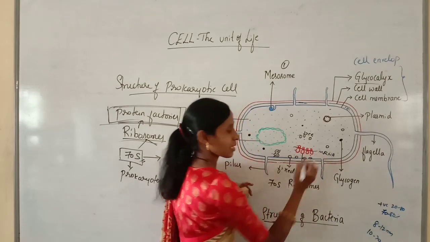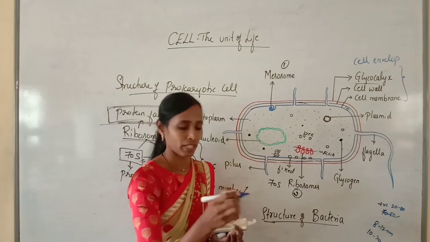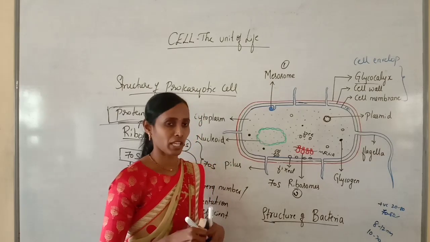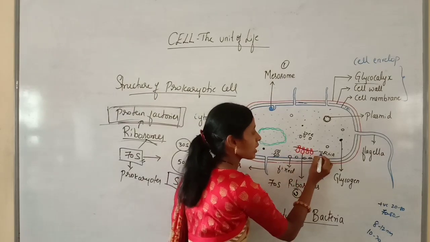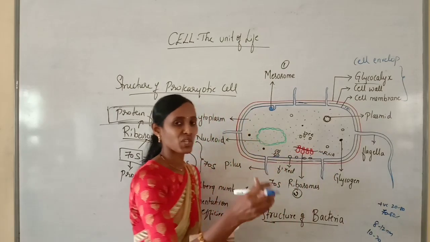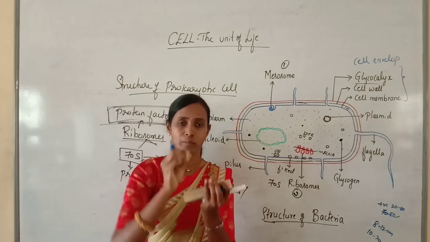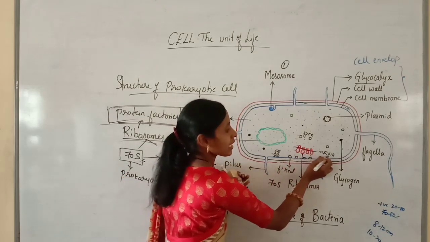So this is called mRNA. The different types of RNA, everything you will study in the biomolecules chapter or in your second PUC. You just remember now, this is a single mRNA on which the smaller and larger subunits are arranged. So simply we can say that many ribosomes are attached to a single mRNA.